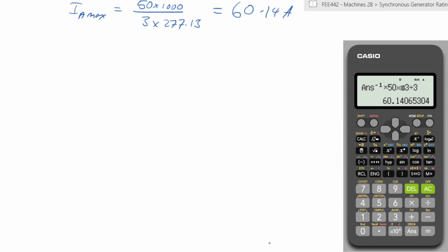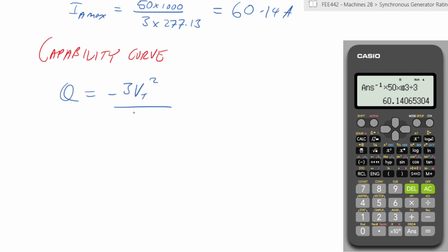Now we may be able to draw our capability curve. So let's look at the capability curve. To start off with, let's look for Q. So Q is given by that formula we talked of, negative 3 VT squared over XS, which is negative 3 times 277.13 squared over 1 ohm.